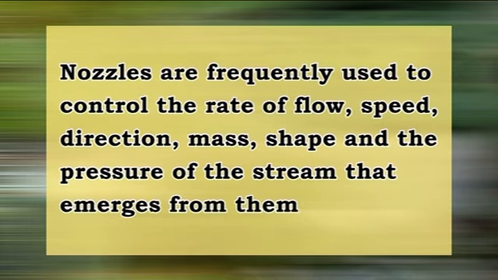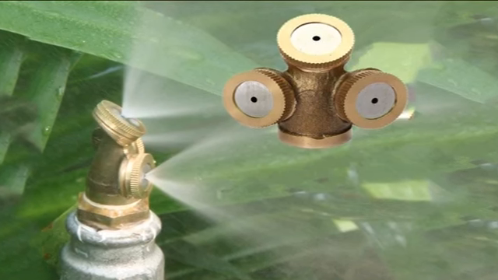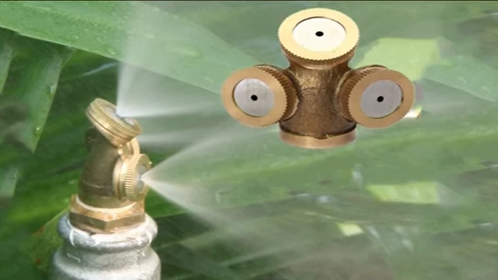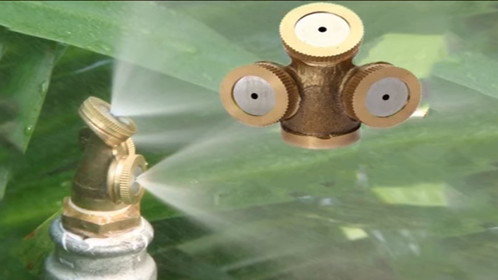Nozzles are frequently used to control the rate of flow, speed, direction, mass, shape and the pressure of the stream that emerges from them. In a nozzle, velocity of fluid increases at the expense of its pressure energy.